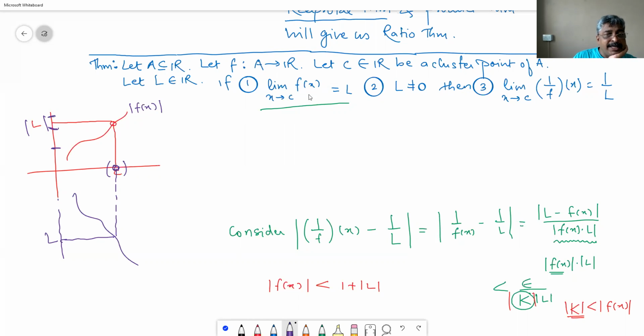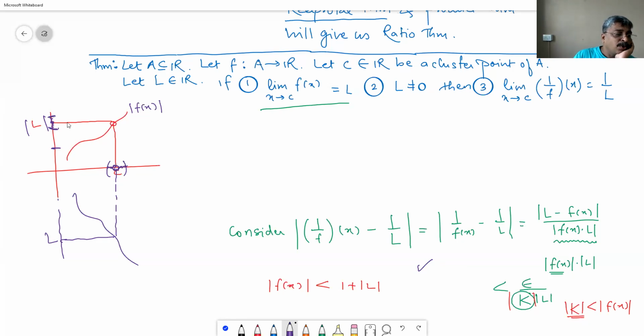So consider a specific epsilon so that you are within the plus or minus epsilon limit from mod L, and you will be able to find the corresponding delta. This delta is going to be important in this proof also, because we will eventually be replacing mod f of x by mod k, right? And therefore this delta also needs to be considered while choosing the final delta.